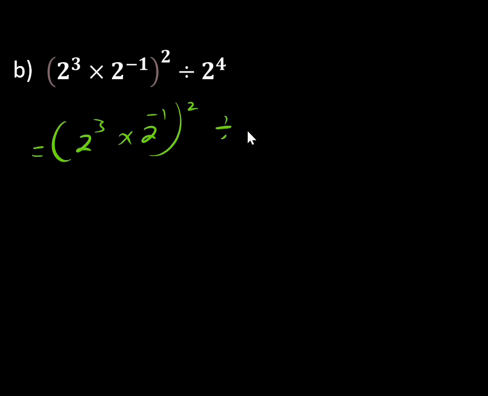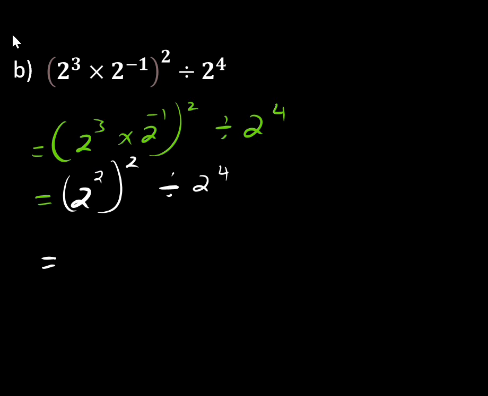When you're multiplying, we add the powers, so it will be 2, add the powers, 3 plus negative 1, we get positive 2. Then outside the bracket we have power 2 divided by 2 raised to power 4.